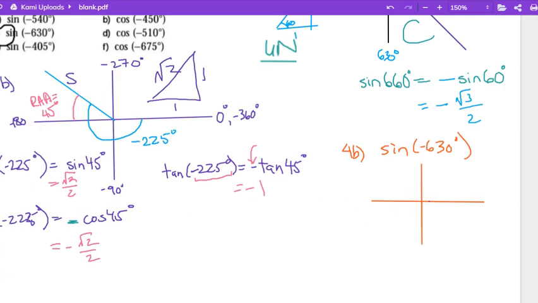So I know I'm definitely going to do 1 backward circle. 360, 450, 540. Oh, yeah, that's why we can't do it.